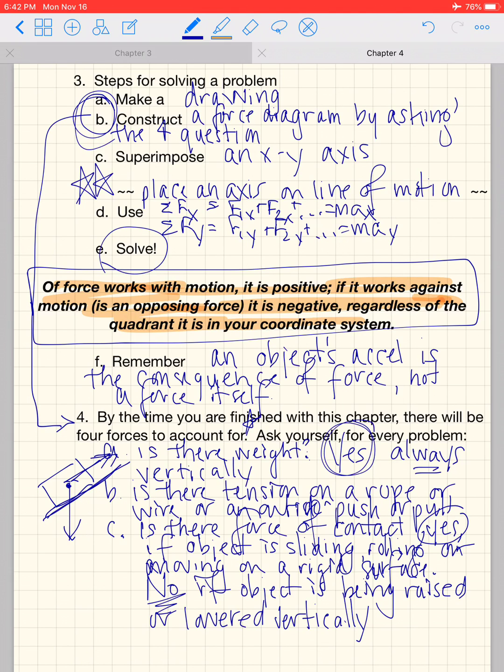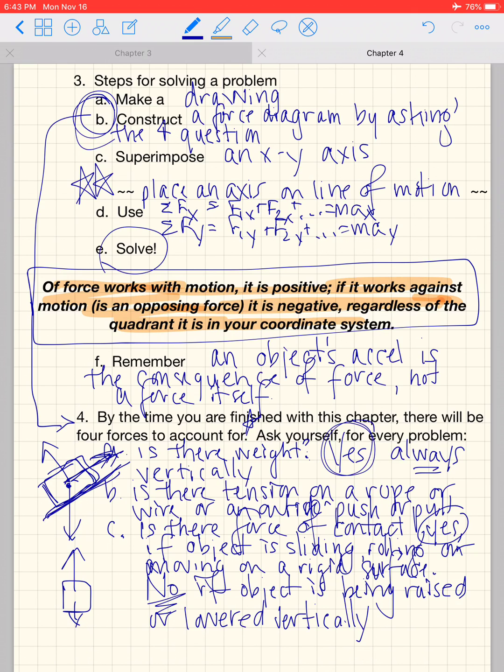This is sliding along a rigid surface. There is going to be a force of contact here because it is sliding, rolling, resting, moving on a rigid surface. Now, being raised or lowered vertically, I don't mean there's a vertical component to it being raised up this hill. I mean literally it is being raised vertically or lowered vertically.